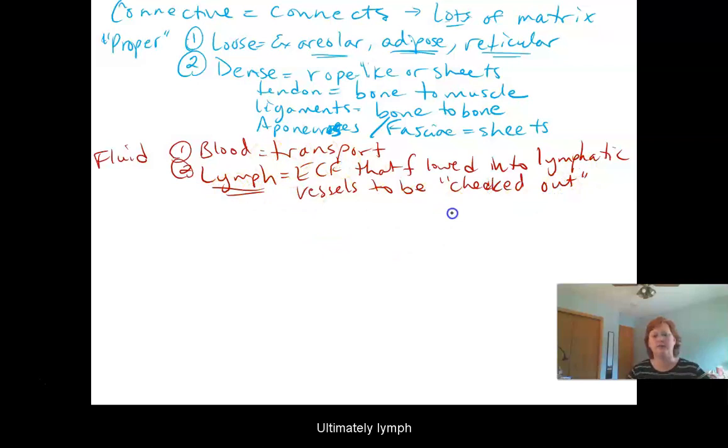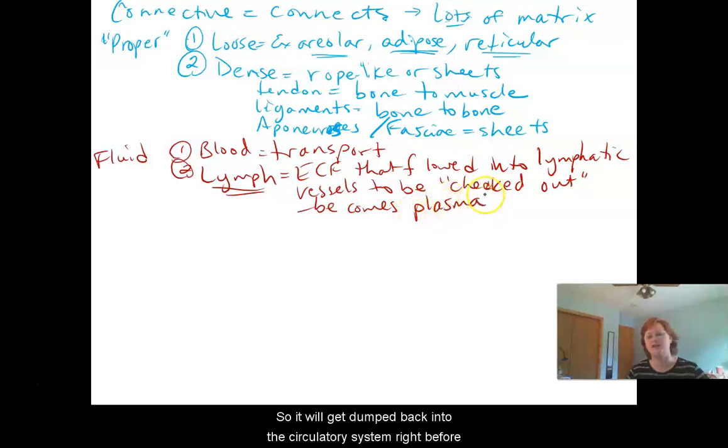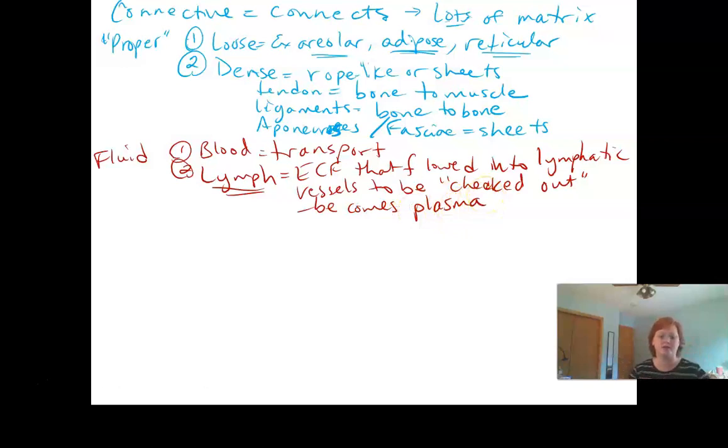Ultimately, lymph becomes plasma. So it will get dumped back into the circulatory system right before blood enters the heart.